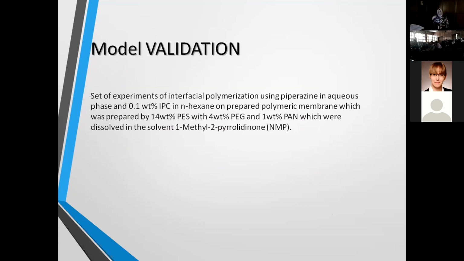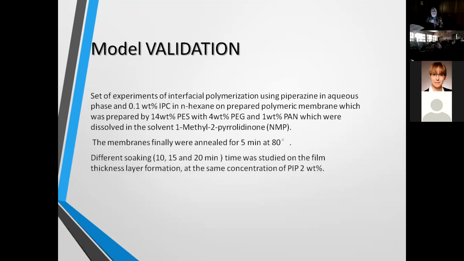The polymeric membrane was prepared using 14 weight percent polyethersulfone with 4 weight percent polyethylene glycol and 1 weight percent polyacrylonitrile, dissolved in 1-methyl-2-pyrrolidone, and annealed for 5 minutes at 80 degrees Celsius, then soaking the membrane for different times: 10 minutes, 15 minutes, and 20 minutes.